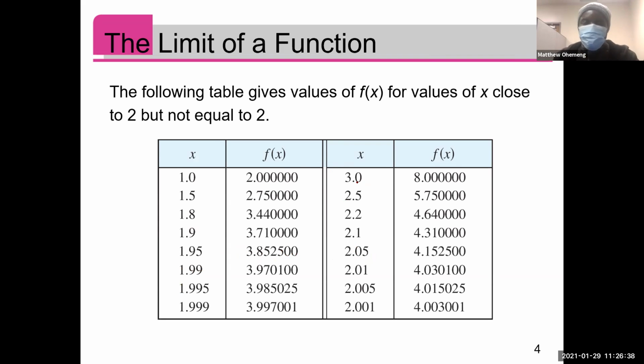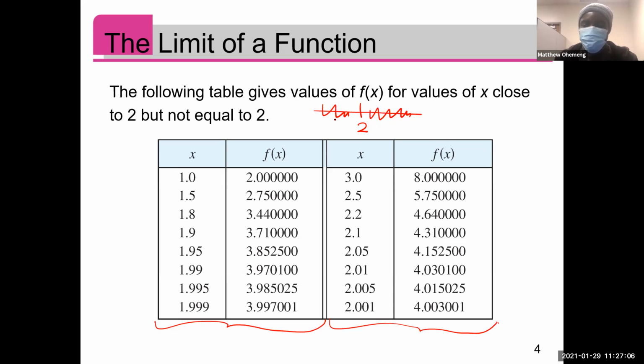So looking at the numerical method, we are trying to find the limit as x approaches 2. So you want to find the behavior of the function for x values close to 2. Now we saw in 2.1 that you have to check from the right and from the left. These two tables illustrate those two approaches. If you're approaching from the right, the numbers have to be a little bit bigger than 2.